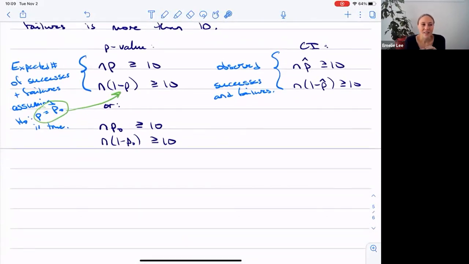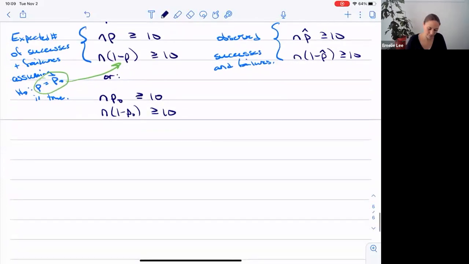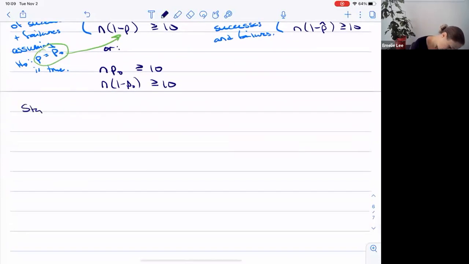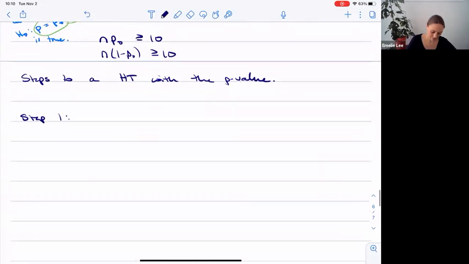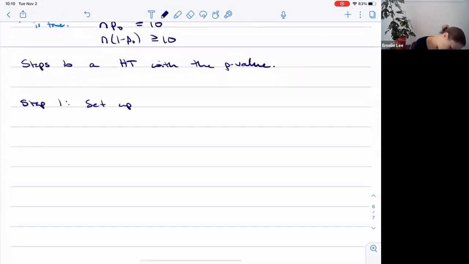let's outline the steps to the hypothesis test. Steps to a hypothesis test with the p-value. Okay. So step 1 is still going to be to set up your null and alternative hypotheses. And so that's going to be the same regardless. So set up hypotheses.